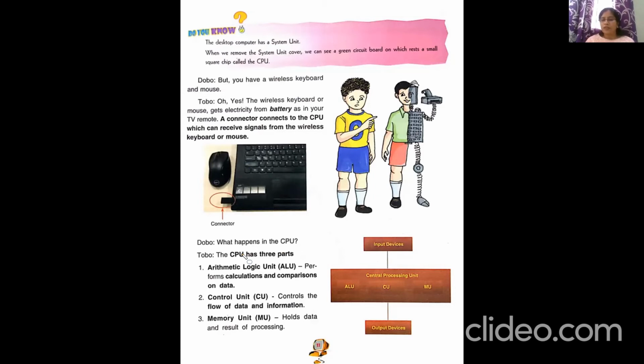Now what happens in the CPU? Children, in the CPU there are three kinds of things being done. Let me explain with the help of an example. Now tell me, what are the different functions our brain does for us? Firstly, the brain takes the decisions for us.